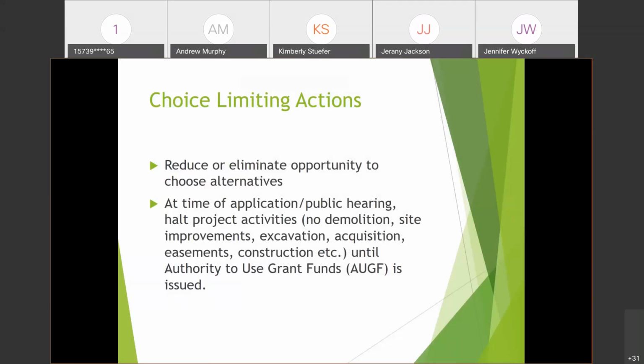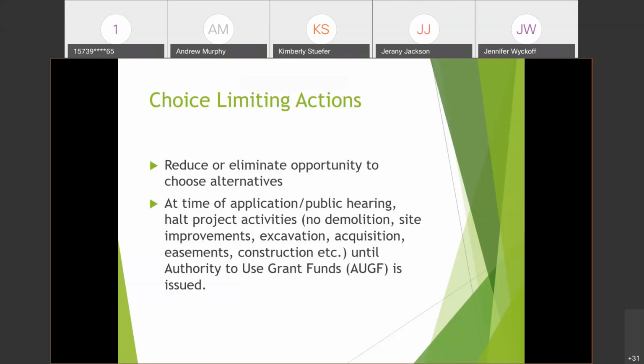So you need to consider other alternatives to the project, and then identify other reasonable courses of action that could be used or designed in another way, just things that will prevent adverse impacts to the environment.